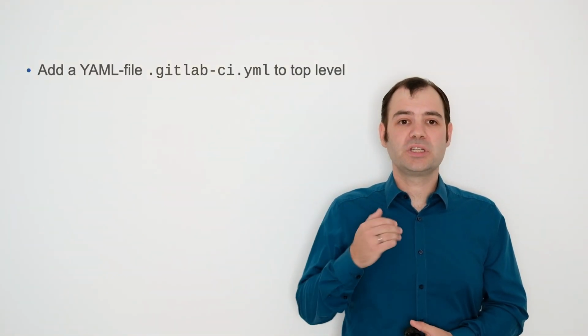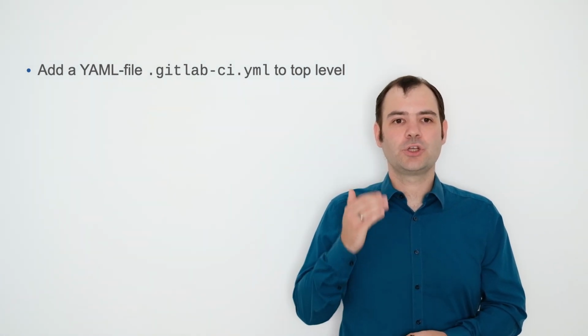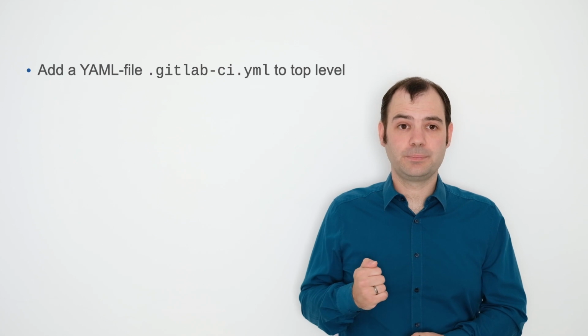After showing you how to do continuous integration with GitHub Actions, I also want to show you how to do it with GitLab CI. So also in GitLab CI, you use a YAML file, but in this case, you put it into the top directory of your repository, and you have to name it .gitlab-ci.yaml.